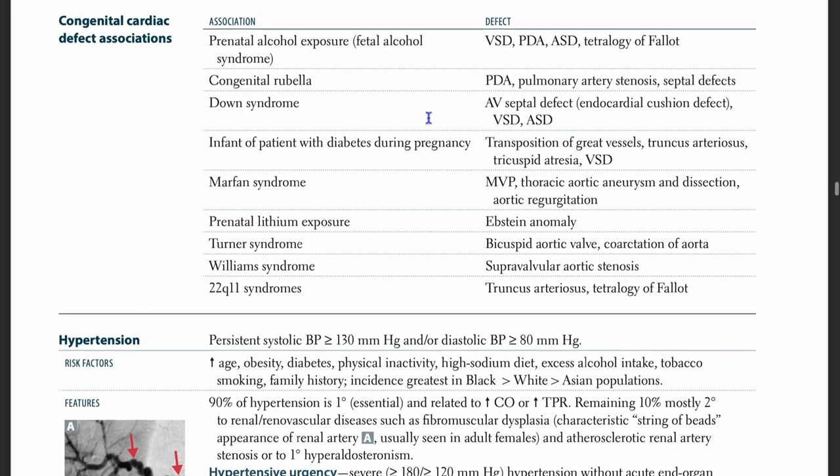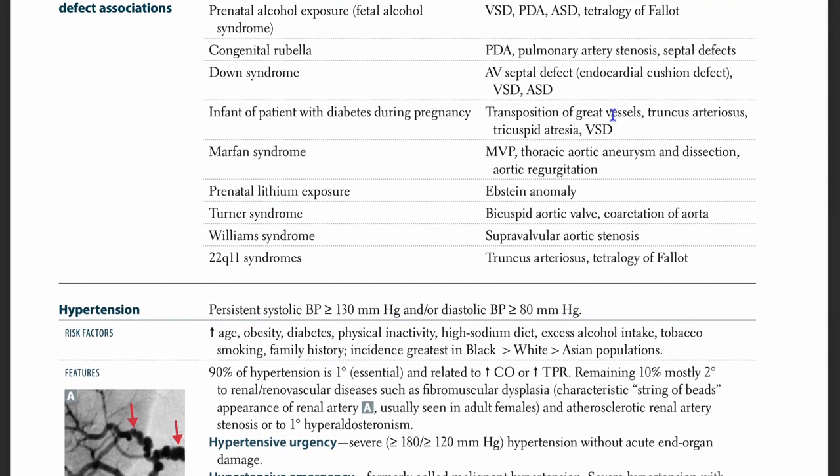Down syndrome is AV septal defect, endocardial cushion defect, VSD, ASD, again, septal defects. Infant of a patient with diabetes during pregnancy. This is important. Transposition of great vessels, truncus arteriosus, tricuspid atresia, and VSD. But they usually ask about the GIT system.